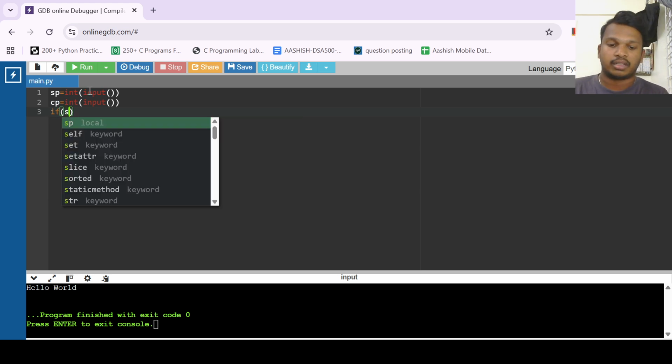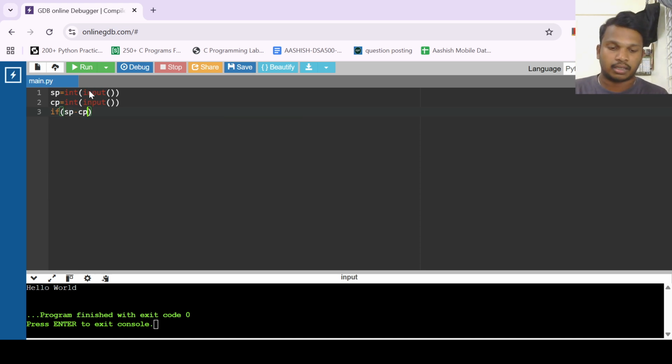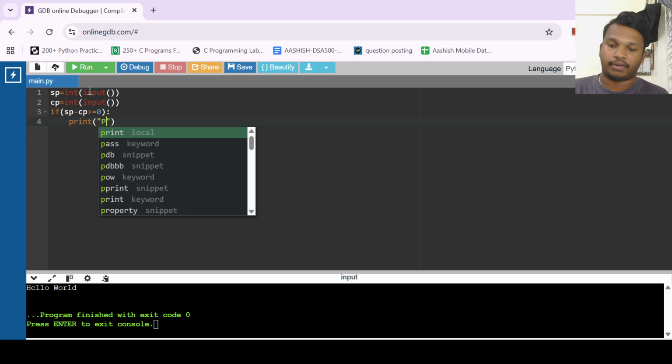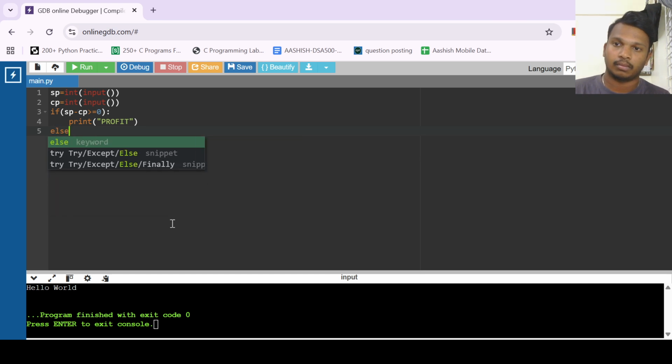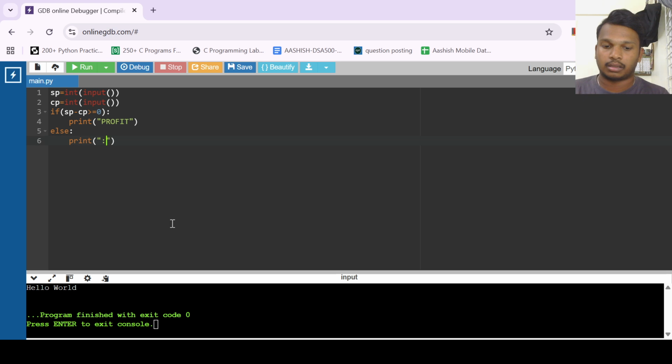If selling price minus cost price is greater than or equal to 0, then what should I print? Profit. Else, loss. That's all. Only two cases we have. We need to print only these two cases.